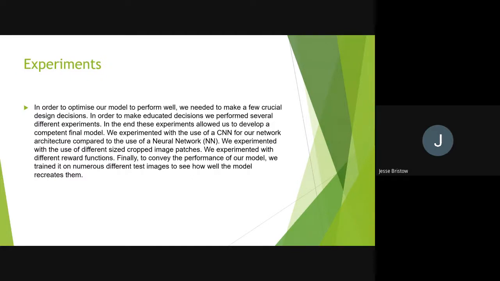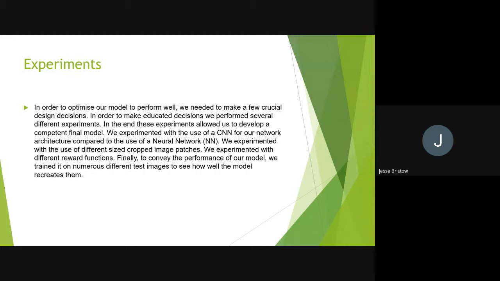In order to optimize our model to perform well, we needed to make a few crucial design decisions. In order to make educated decisions, we performed several experiments. In the end, these experiments allowed us to develop a competent final model.